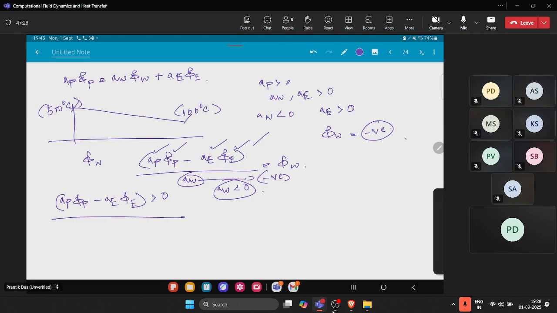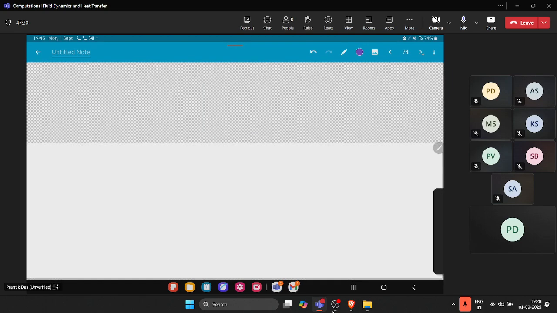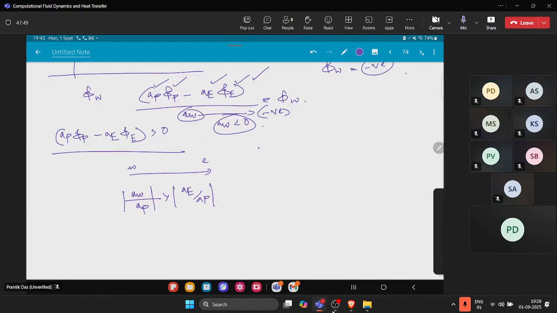Okay. Another thing I said is that if the flow is happening from west to east, then AW by AP should be greater than AE by AP. Okay. So we know that after discretization we get the form AP phi P equal to AE phi E plus AW phi W. Okay.